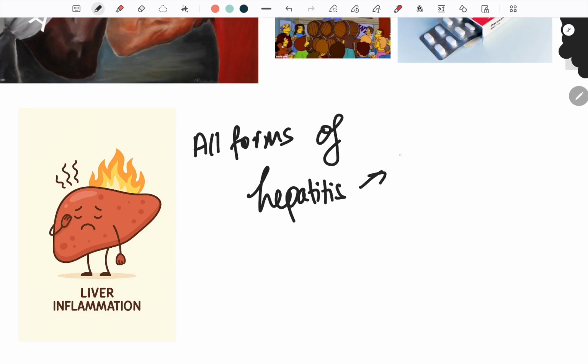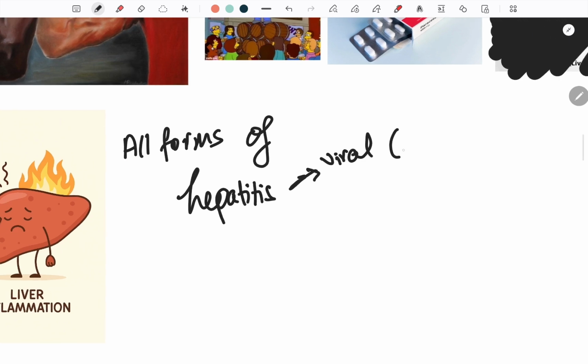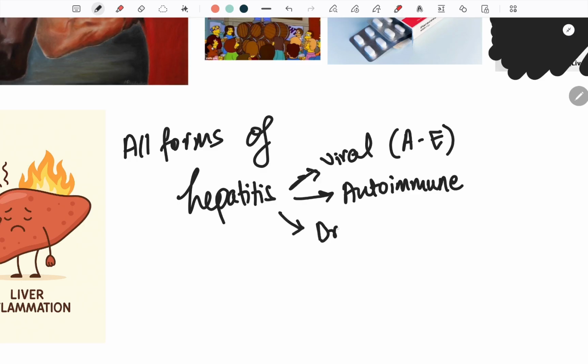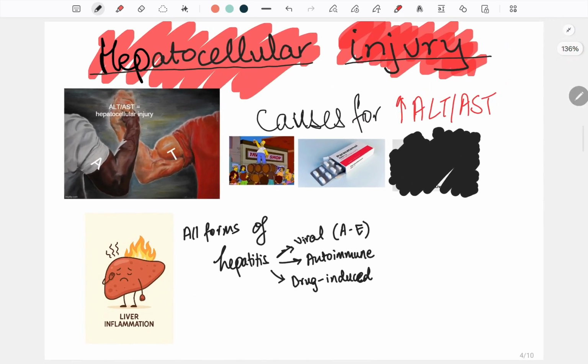So we've got viral hepatitis, which are hepatitis A to E, autoimmune, and drug-induced. But there are many other examples, and almost all of them can cause this.